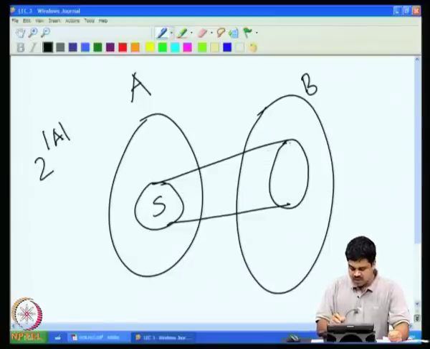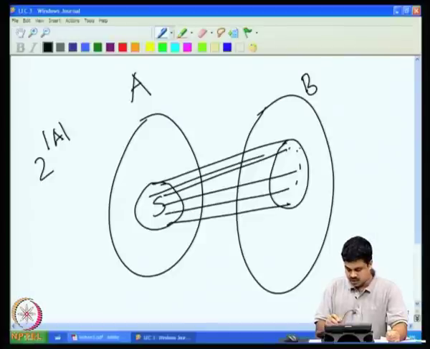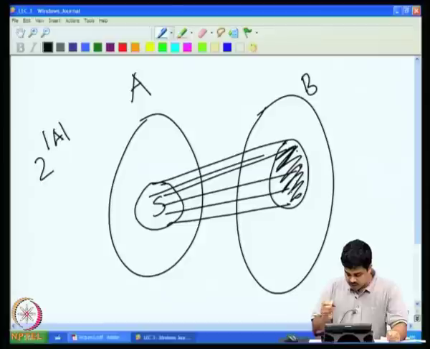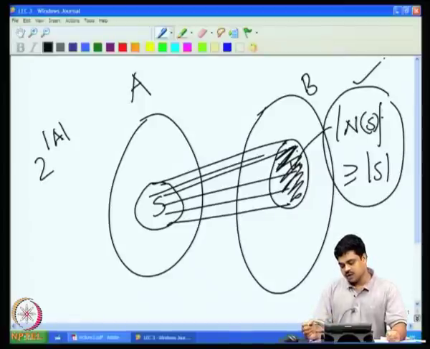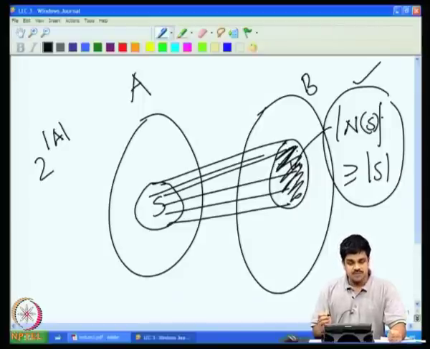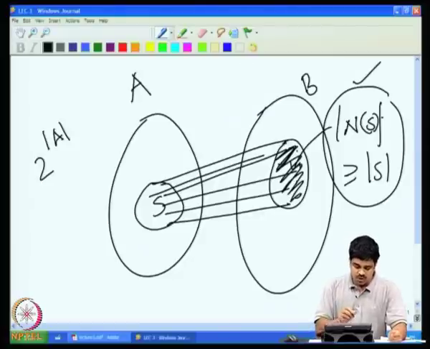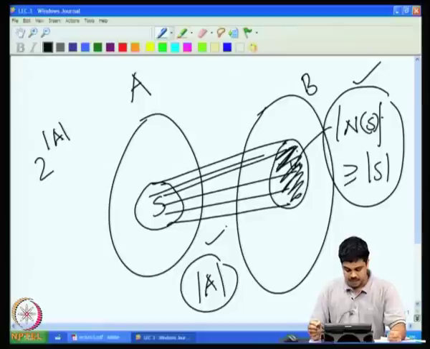The neighbors means the vertices of B which have at least one connection to S. If the number of neighbors is greater than or equal to the cardinality of S, then we say that Hall's condition is satisfied. Hall's theorem says if Hall's condition is satisfied, then there will be a matching of cardinality |A| in this bipartite graph.